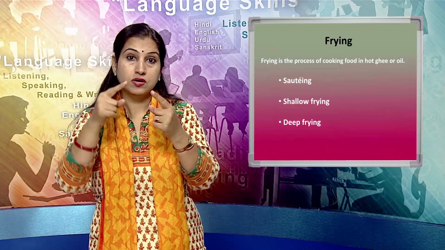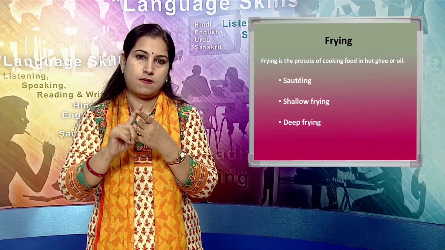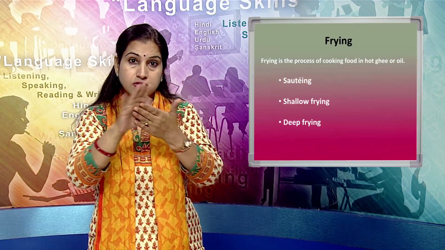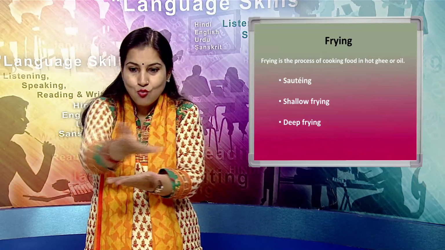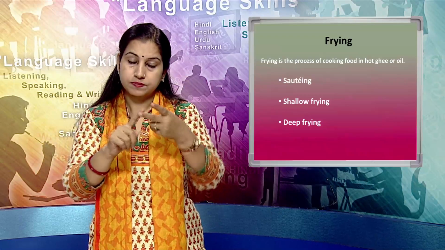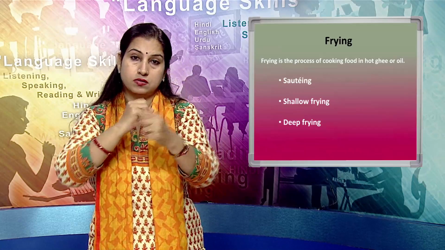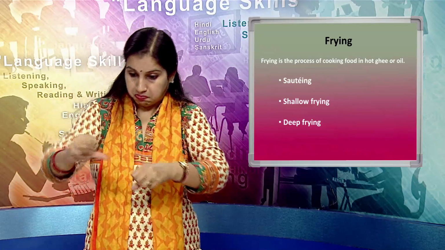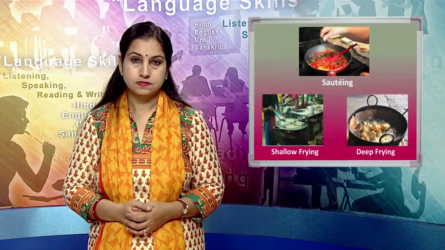It requires very little oil. The second is shallow frying. Like you cook paratha or dosa through this method, shallow frying. And the third is deep frying. We put more oil in this method of cooking. You can see the picture.